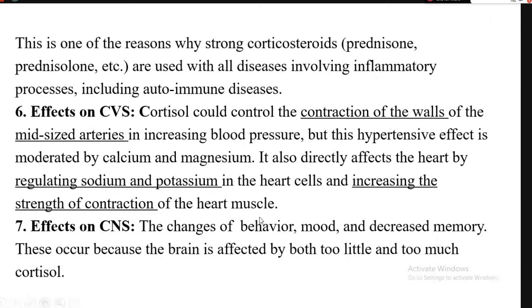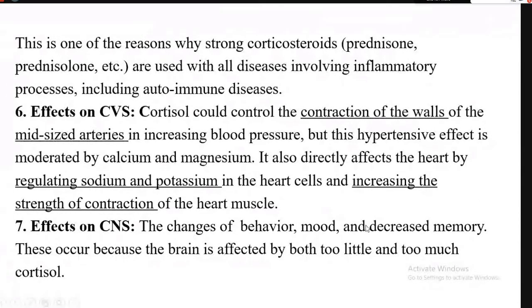A lot of people have done research on people taking steroid drugs, the effect on the cardiovascular system and on the central nervous system, and they have found that people taking corticosteroid drugs, especially cortisol, glucocorticoid, have changed behavior, mood is also changed, and they have less memory capacity.